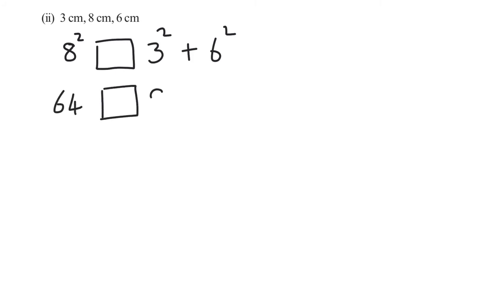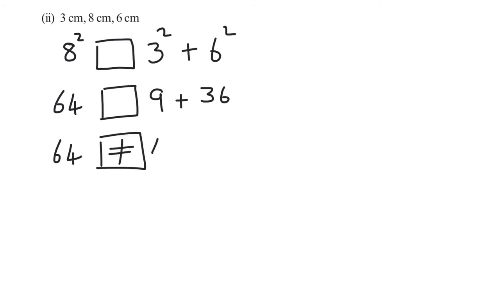Okay. 3 squared is 9 and 6 squared is 36. And 64 is not equal to 45. So they do not form the sides of a right angle triangle. So do you get the idea now of how you do this? Great going. Let's move forward and take up some more problems.